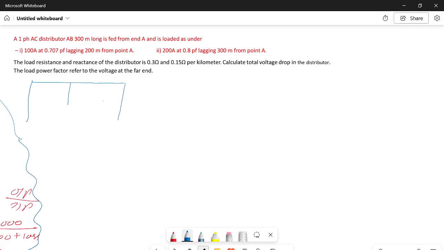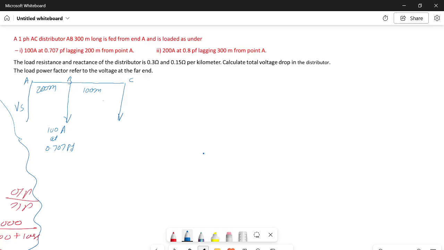So first, at 200 meter, it has a load of 100 ampere at 0.707 power factor, and next 100 meter. So these are A, B and C. Okay, this is my supply side Vs, and this is at load.